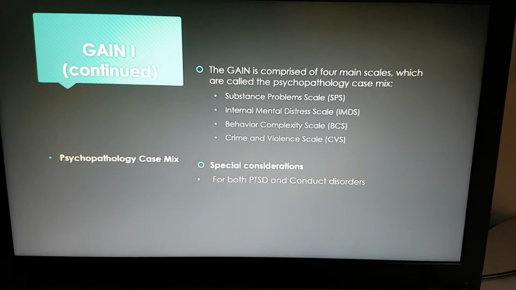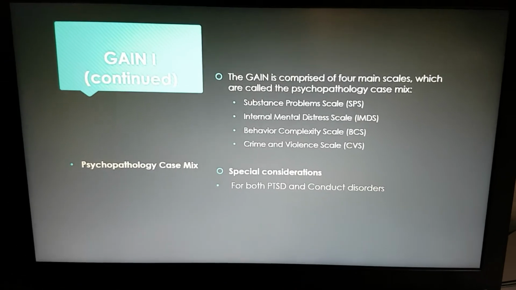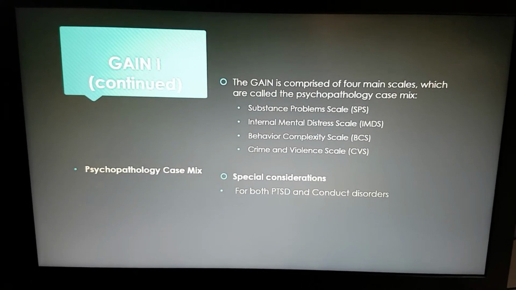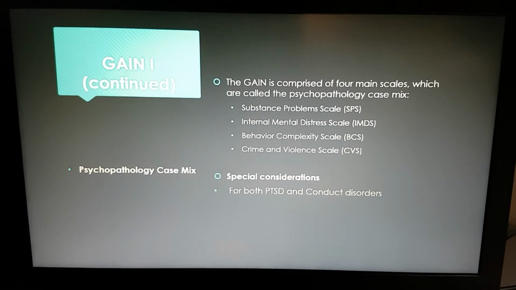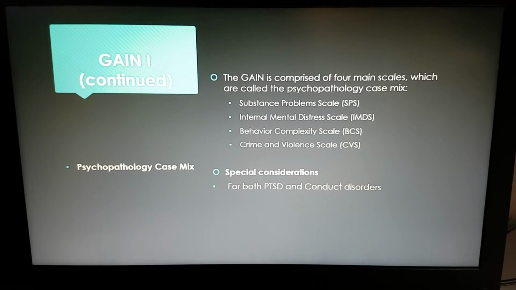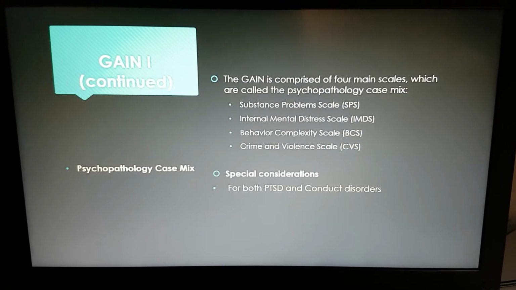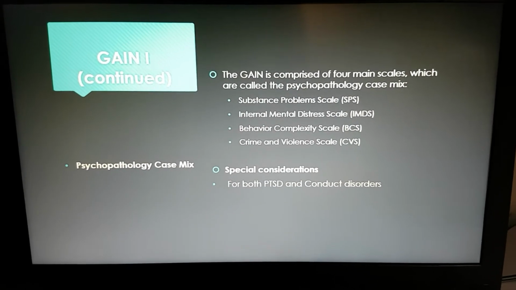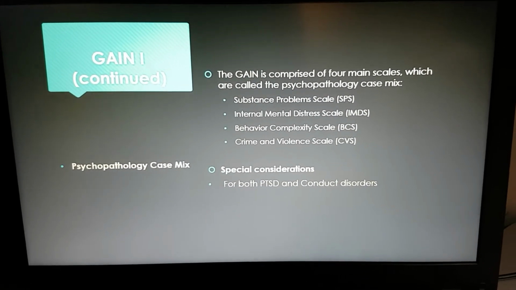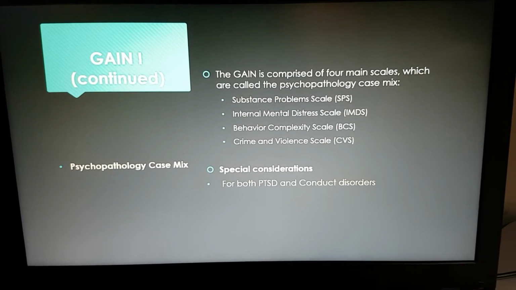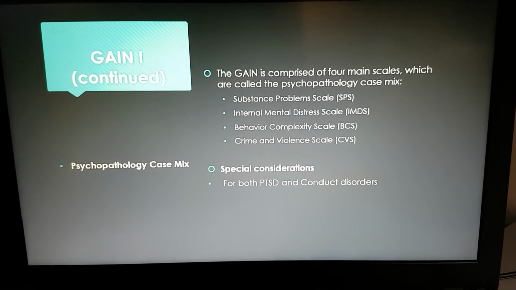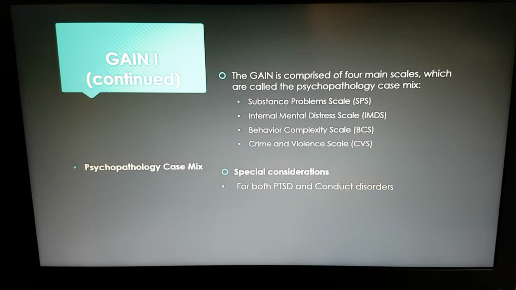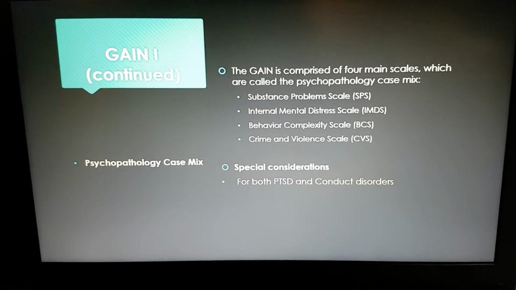So these are the 4 main groups that the GAIN really ties in and that you get your diagnosis out of. It is not based solely on a mental health scale or a substance use scale. It takes in all these factors, because out of the GAIN you really want to get a full picture of who the person is and what kind of treatment they actually need.